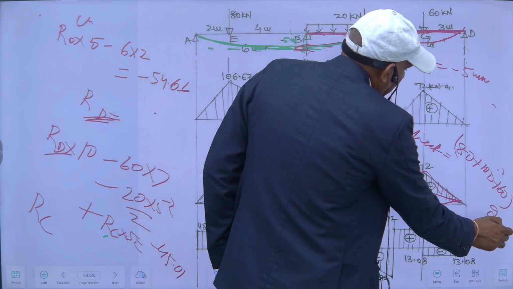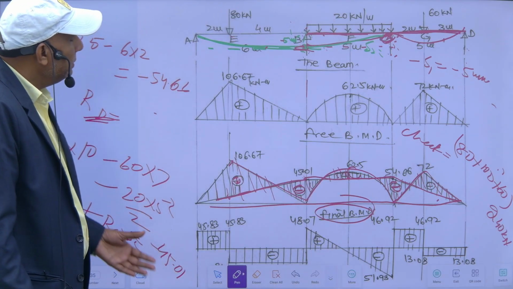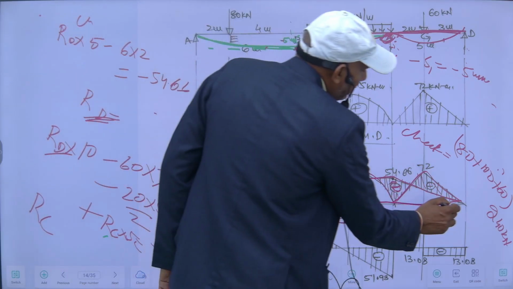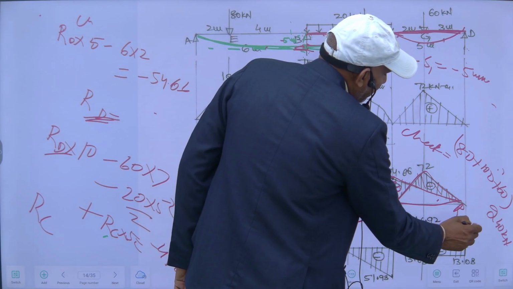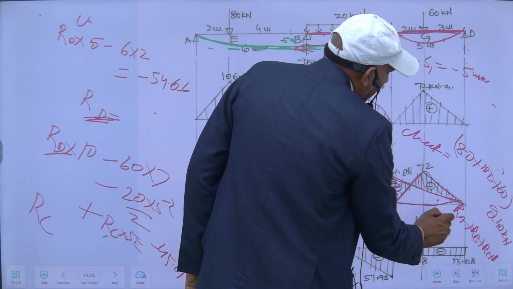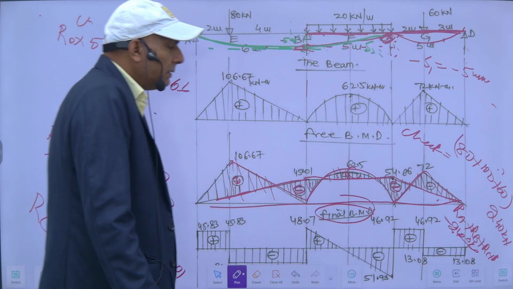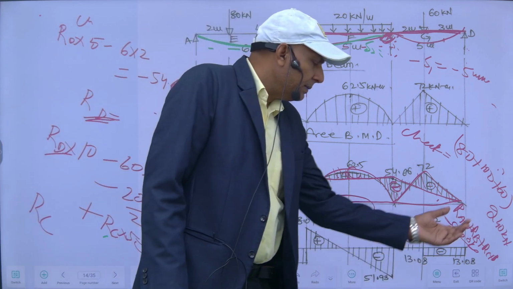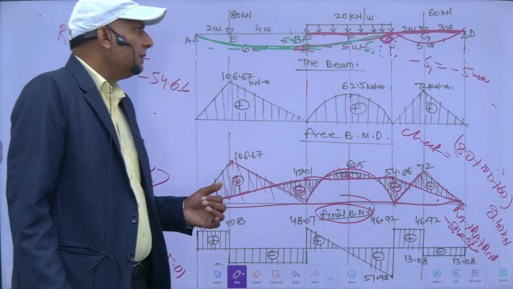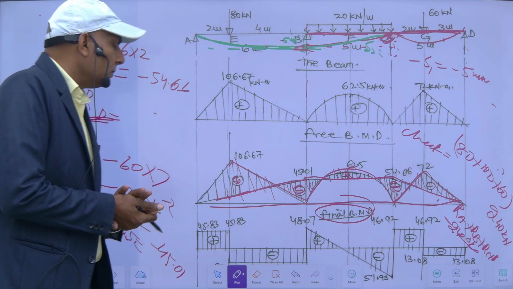So 240 kilonewton is the total load acting downward. That should be equal to the total upward reactions, RA plus RB plus RC plus RD. If it is 240, then okay. If it is not, then there may be some mistake. So this way we can check whether our calculated reactions are okay or not.